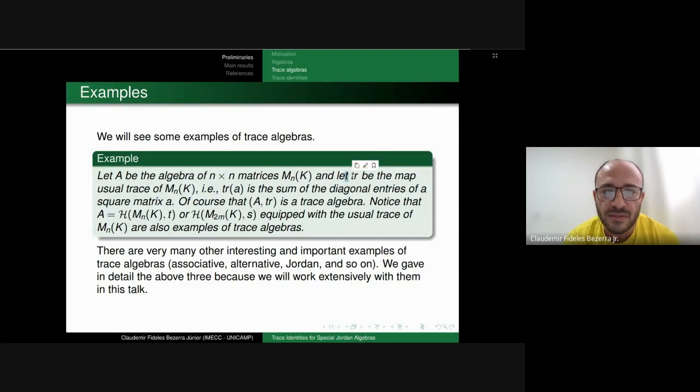The trace is the sum of the diagonal entries of the square matrix. It's easy to see that this pair is a trace algebra.